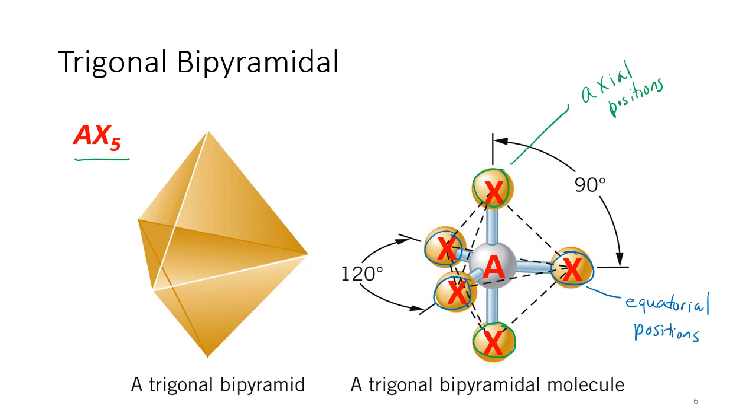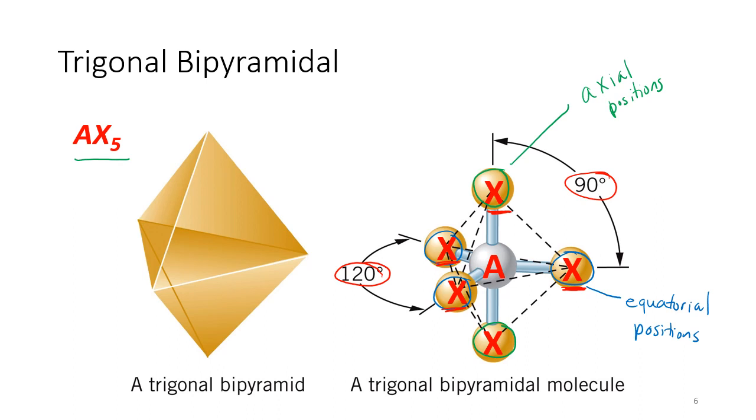Therefore, we end up listing 2 different bond angles for the trigonal bipyramidal molecule, because whether we're referring to an equatorial to an axial position, those are going to be 90 degrees apart, versus an equatorial to another equatorial position, those are going to lie in a plane and be 120 degrees apart.